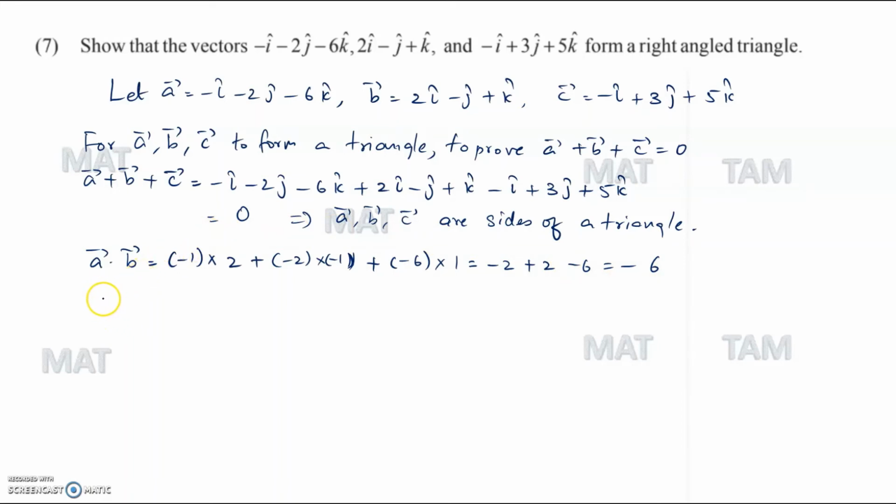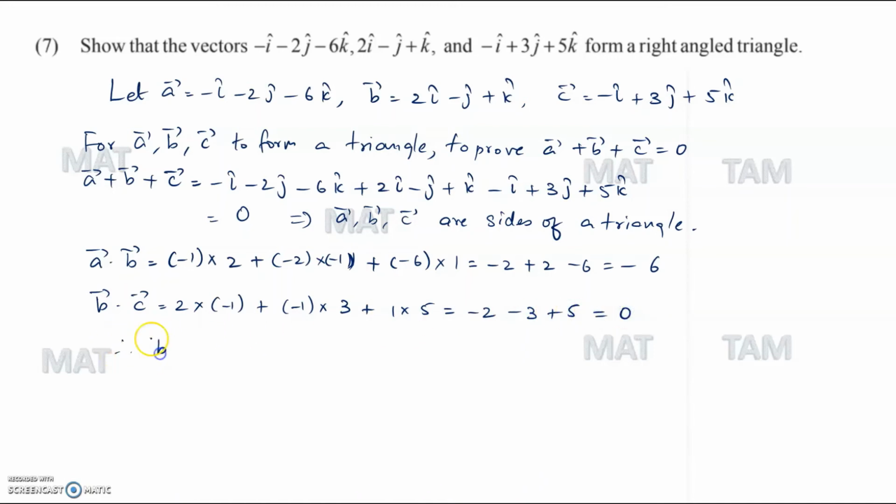Now let's try B with C vector. So B with C will be 2 times minus 1 plus minus 1 times 3 plus 1 times 5, which is equal to minus 2 minus 3 plus 5, which is equal to 0.